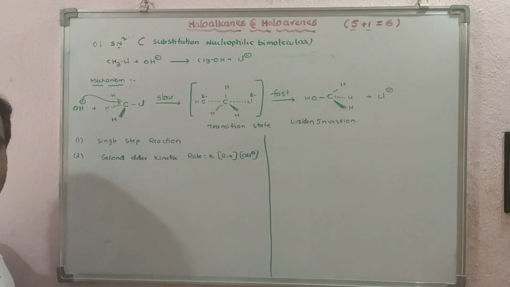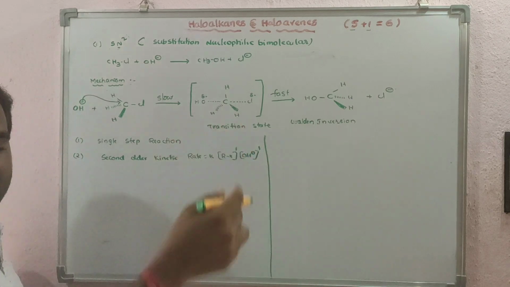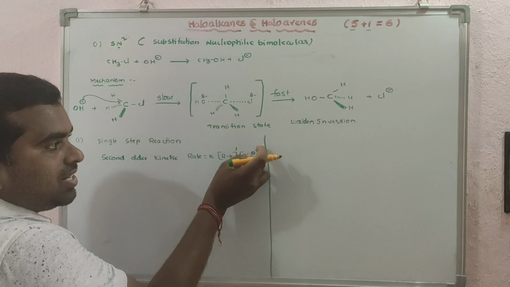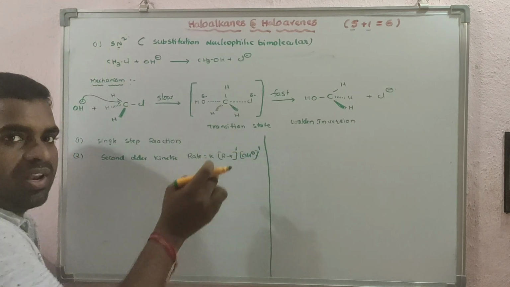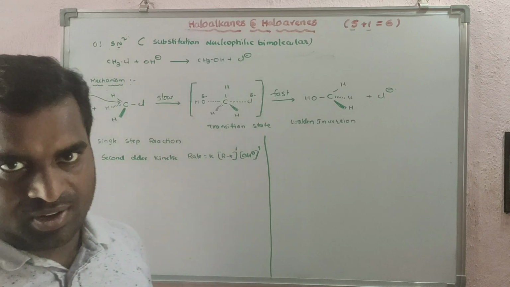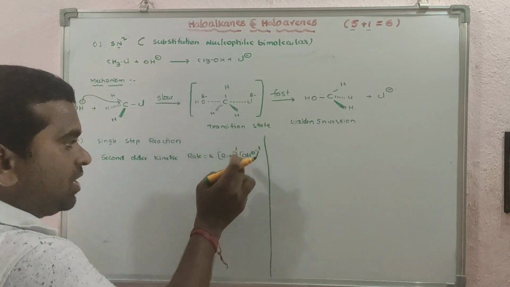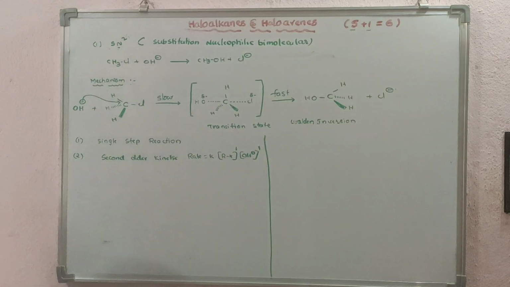How will we calculate order? In the rate law, we will study in chemical kinetics, the sum of the powers of the concentration terms in the rate law we will consider as the order. Here the power is 1, and here the power is 1. 1 plus 1, 2. So that's why it follows the second order kinetics.